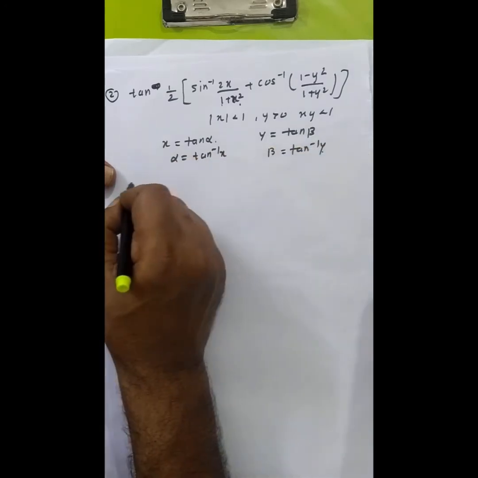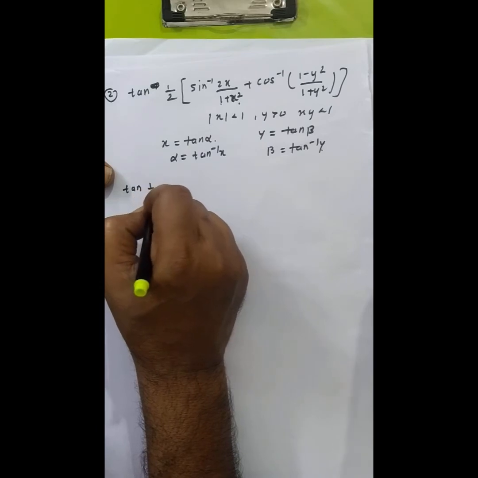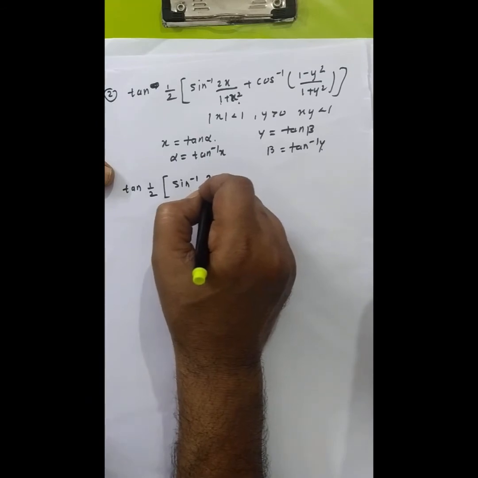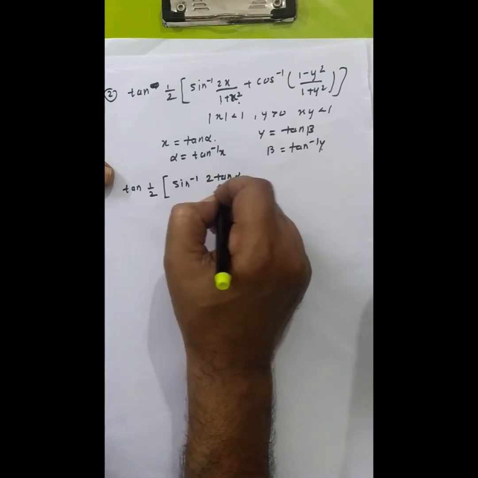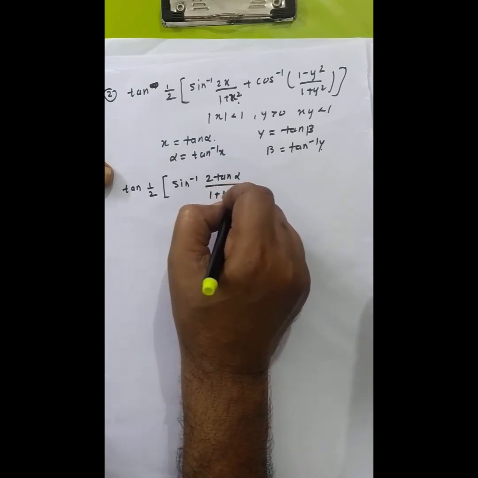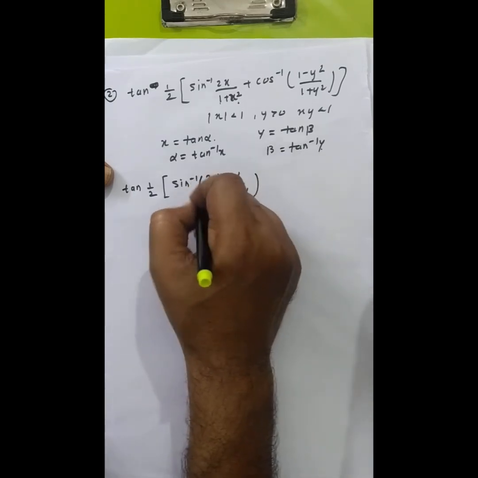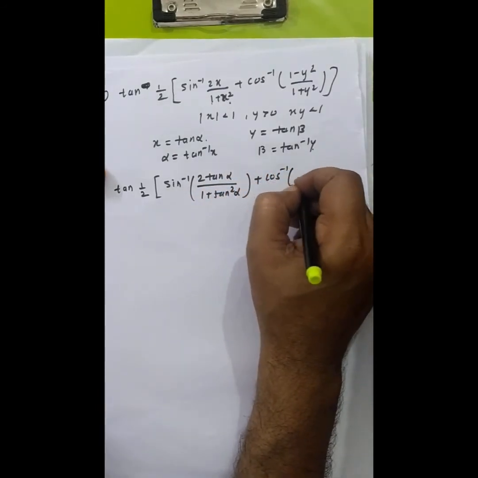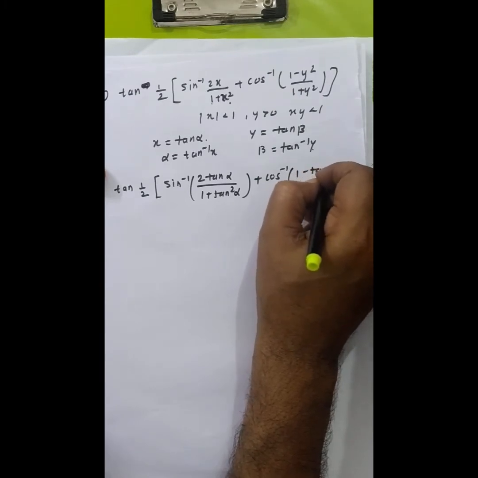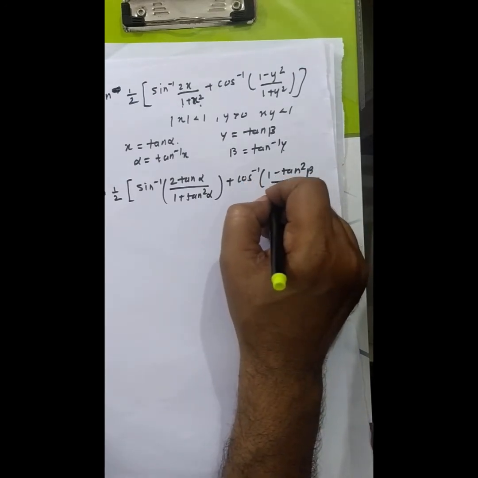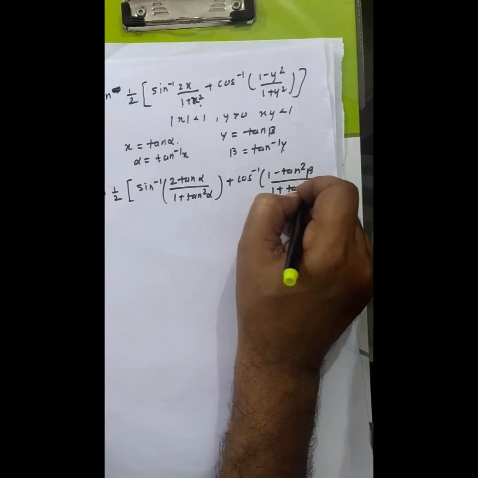Now what happens to the whole sum? It will be tan of 1 by 2 into bracket sine inverse of 2 tan alpha divided by 1 plus tan square alpha, plus cos inverse of 1 minus tan square beta divided by 1 plus tan square beta.